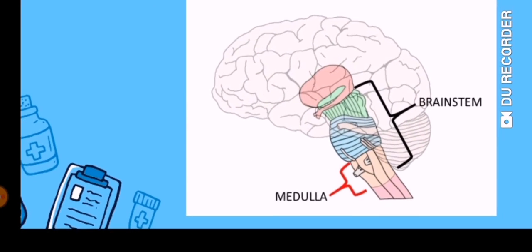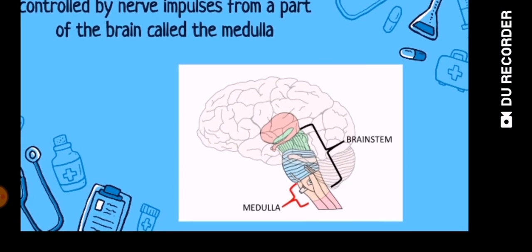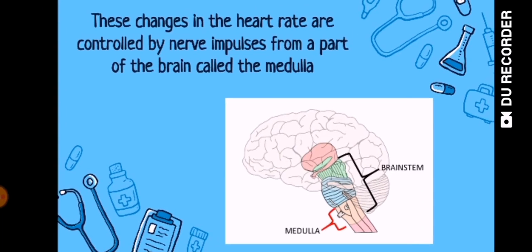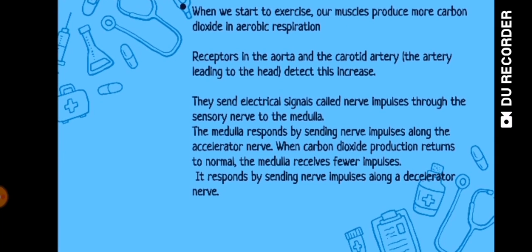They send electrical signals called nerve impulses through the sensory nerve to the medulla. The medulla responds by sending nerve impulses along the accelerator nerve. When carbon dioxide production returns to normal, the medulla receives fewer impulses. It responds by sending nerve impulses along a decelerator nerve.